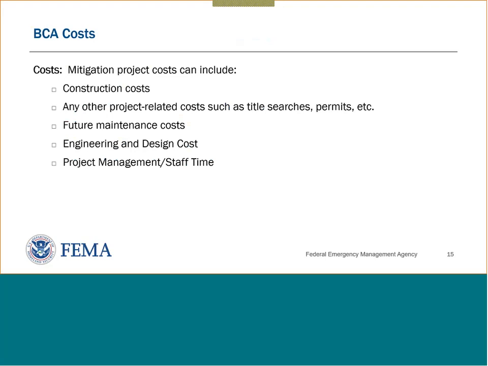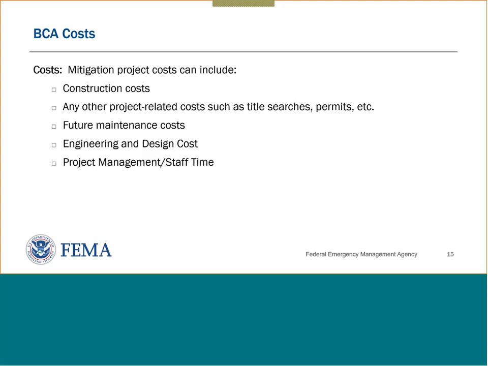For the BCA, we want you to include information on future maintenance costs. Okay, that's not necessarily, we don't reimburse for maintenance costs in project applications, so leave it out there, but it is important in the benefit cost analysis because we want to know what it's going to cost to maintain the facility or the infrastructure that you're going to be building or retrofitting and that sort of thing.